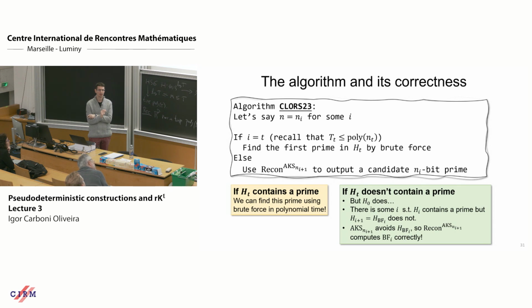And for this i, the reconstruction procedure will succeed. So you started with a good hitting set, you ended up with a bad hitting set. At some point, there's a transition from good to bad. And at that point, the reconstruction procedure succeeds. So when it succeeds, it computes the previous brute force search, but you're doing the brute force search over a hitting set that contains a prime. And that establishes the correctness of the procedure. Does it answer your question?